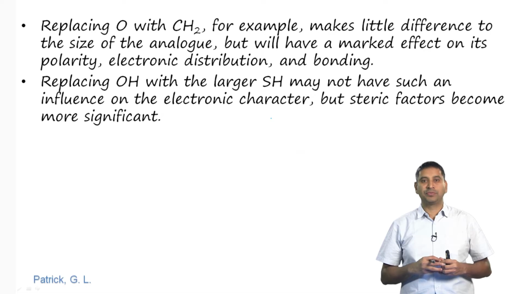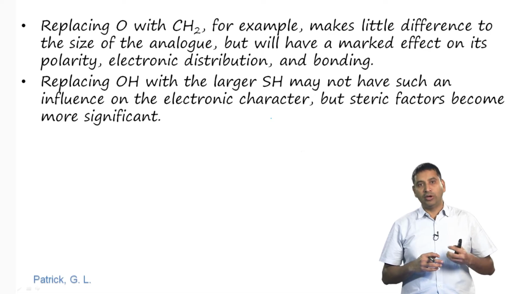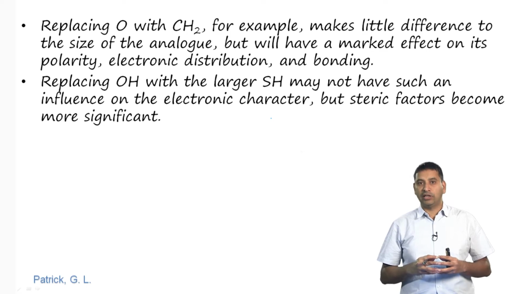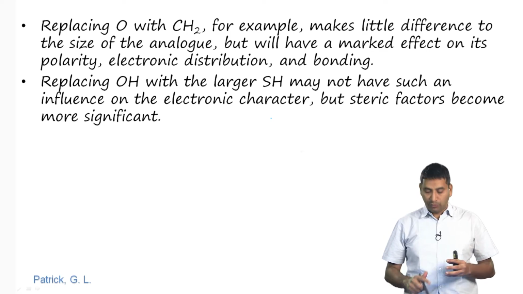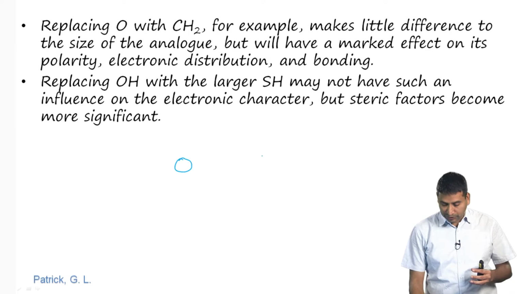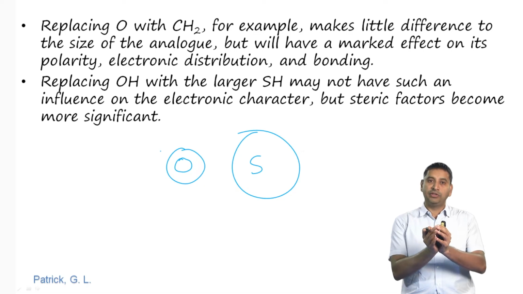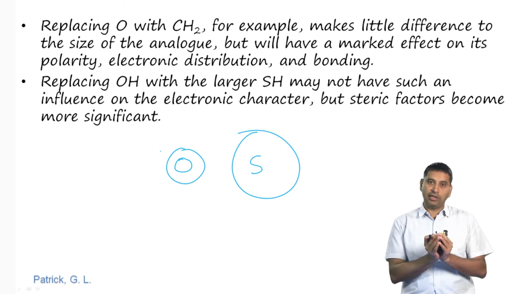Similarly, replacing an OH with a larger thiol SH group may not have an influence on the electronic character, but because you are starting with an oxygen and replacing it with a sulfur, the size of the group has gone up, and sterics are going to start playing a role.